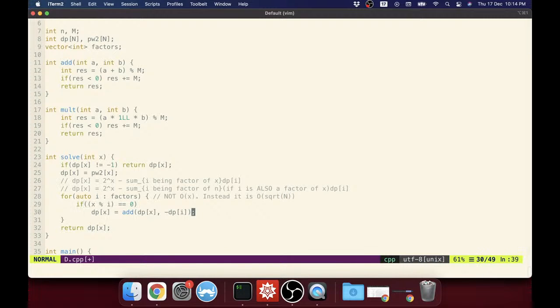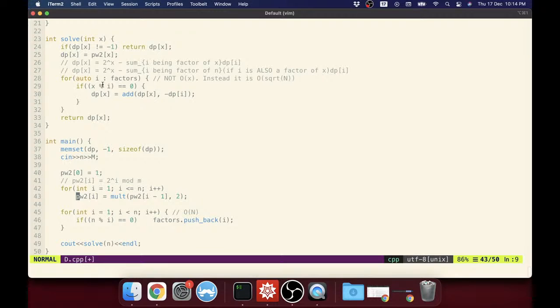That's helpful. So this is important to understand: I didn't even create the factors list for all of them. I just used the factors list of n, because x will definitely be a factor of n, so its factors will also be factors of n.